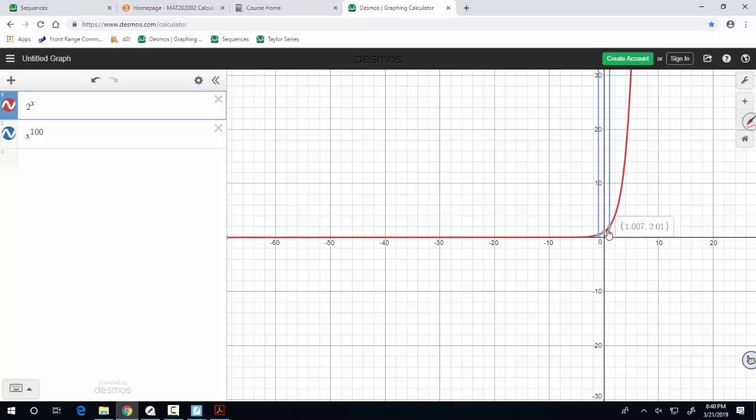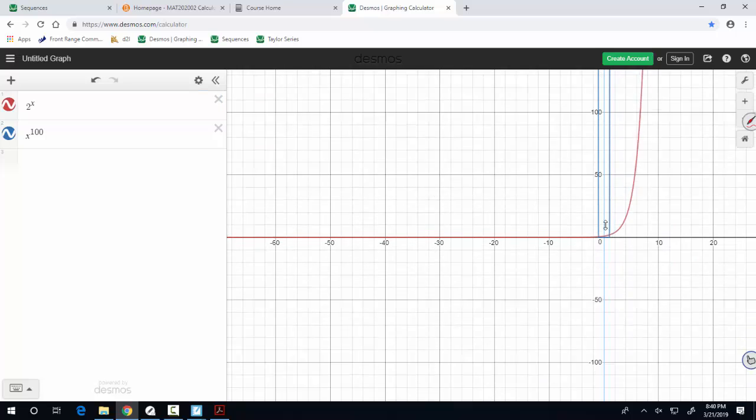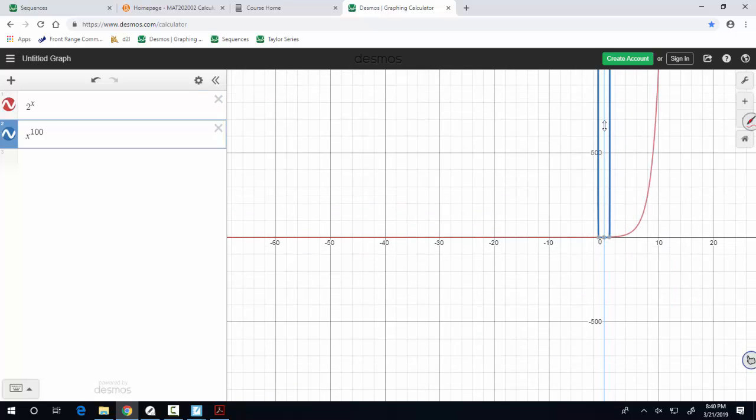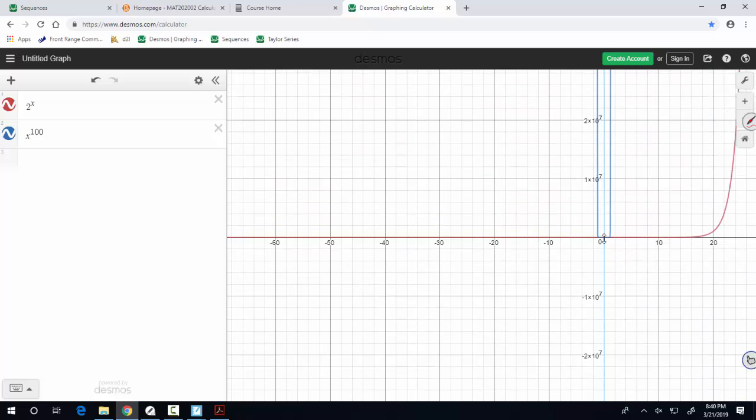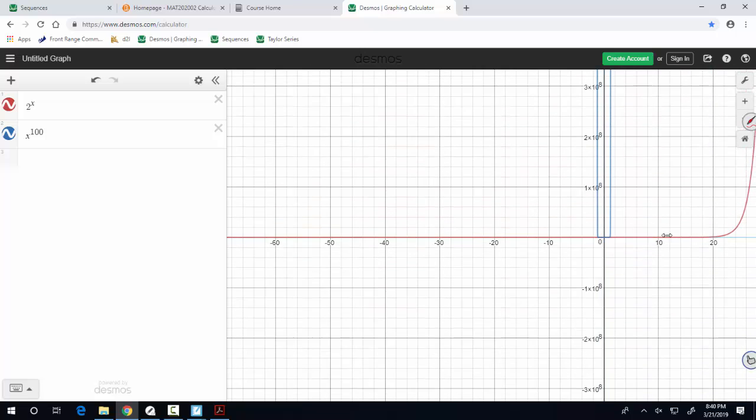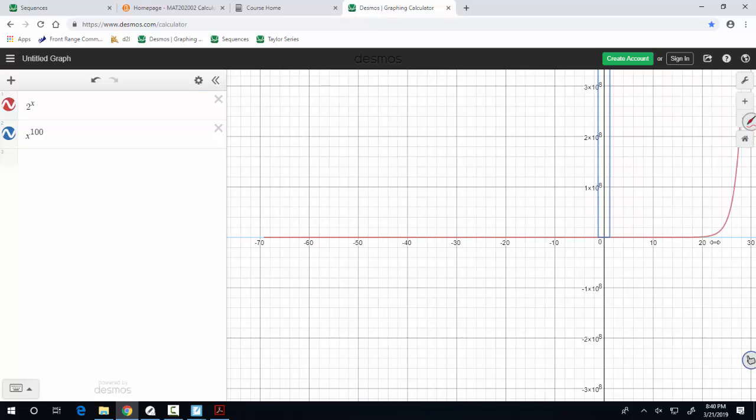That's somewhere between 1 and 2, I think. So x to the 100 is clearly larger. I'm not sure how far we have to go, but we'll eventually see that overtaking. This would be a huge number.